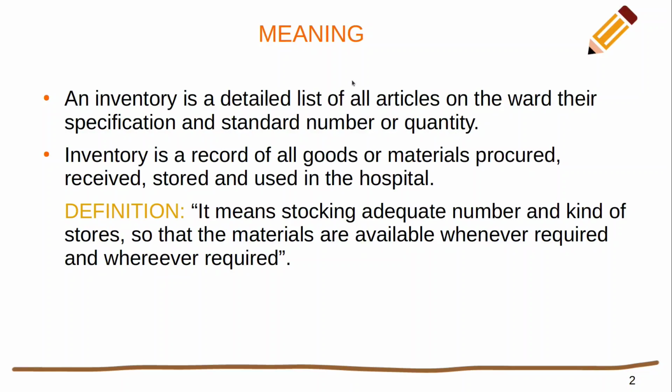Each and every item should be attached in the list, very specifically, like laryngoscope with pediatric blade, laryngoscope with adult blade, and the standard number or quantity of it, how many pediatric blades are present. Each and every detailed list is called an inventory.